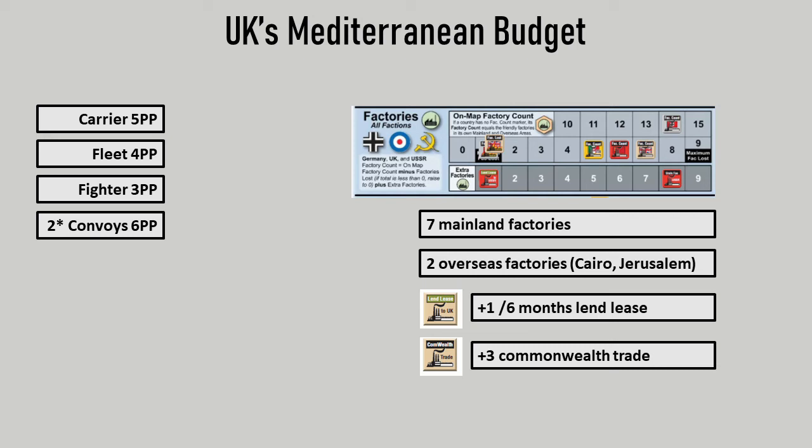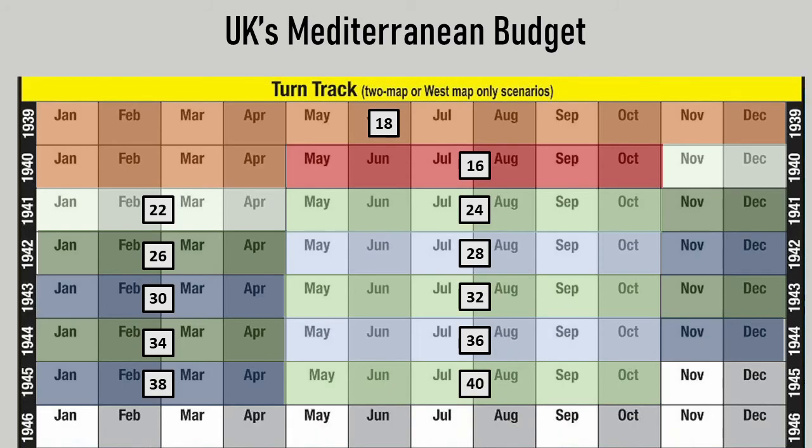Now remember, the moment that West Invaded happens, not only do those 2 events, Lend-Lease and Commonwealth trade, trigger, but strategic warfare immediately starts, and the British always have one factory lost marker in the game. So let's look at this within the historical scenario of the UK's Mediterranean budget.